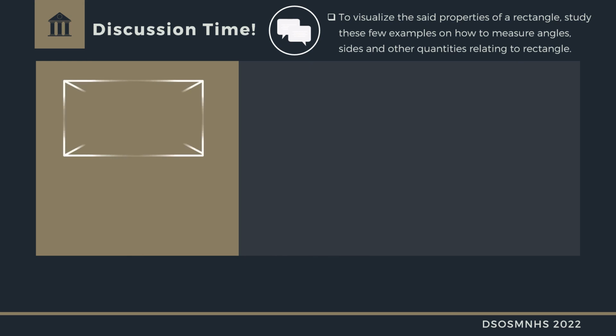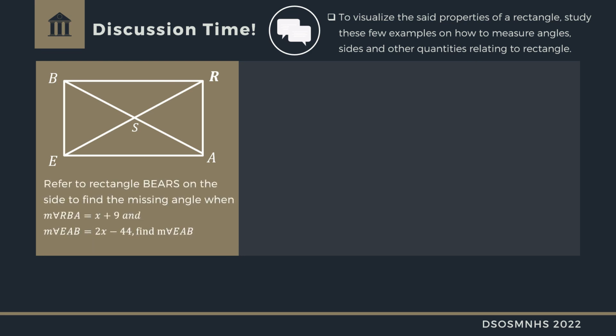Yes, we are into our last example. We have here rectangle BEAR with intersection at S. Refer to rectangle BEAR on the side to find the missing angle.